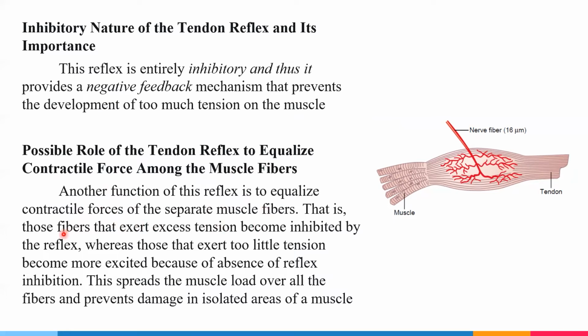That is, those fibers that exert excess tension become inhibited by the reflex, whereas those that exert too little tension become more excited because of absence of reflex inhibition.